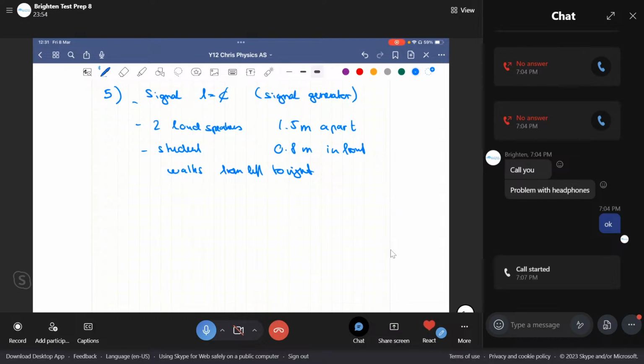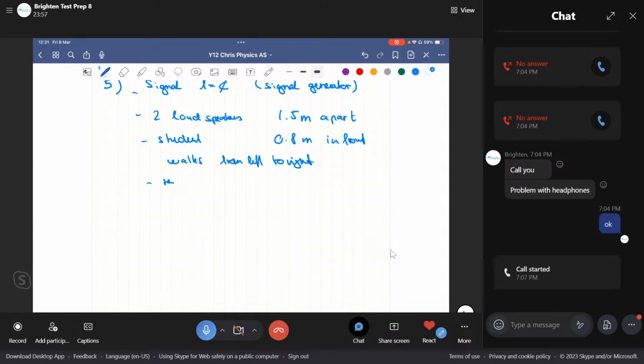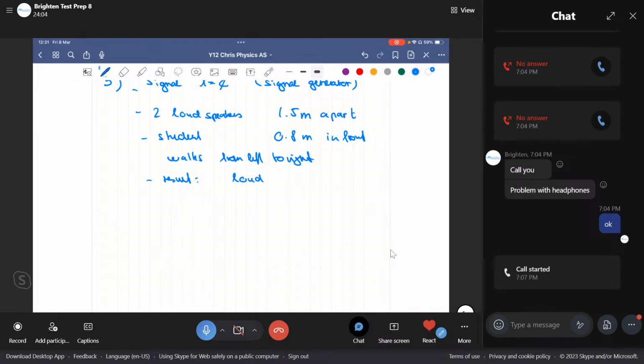The result of the experiment is that he measures successive spots of loudness, where it's really loud, and they are 1.2 meters apart. So he walks in front of the loudspeakers at a certain distance. They are giving a constant signal, otherwise it would be difficult to make the experiment. And what we want to know now is the wavelength of the sound.